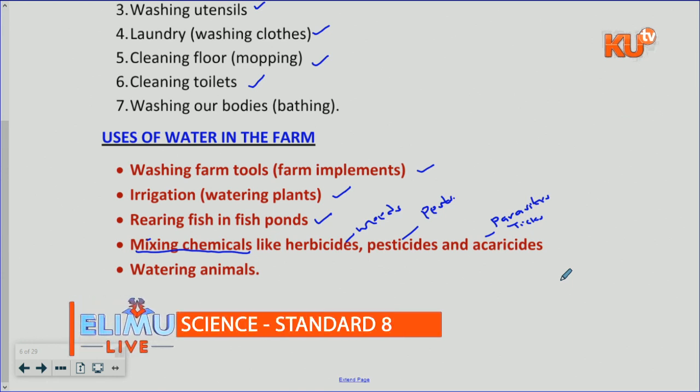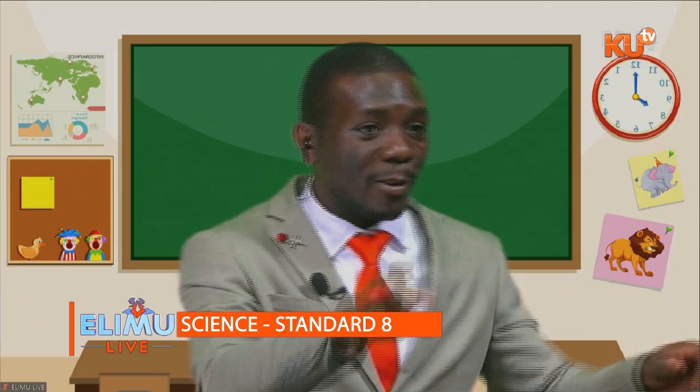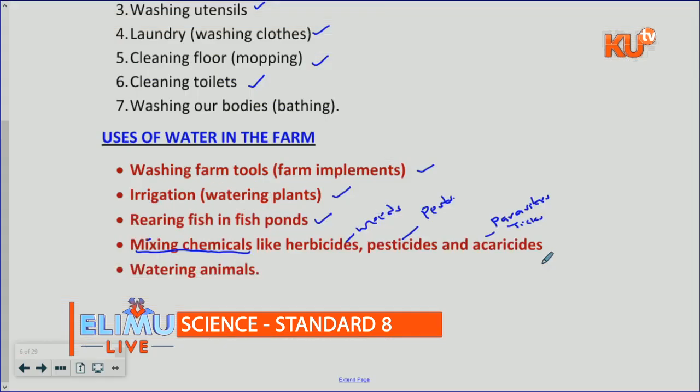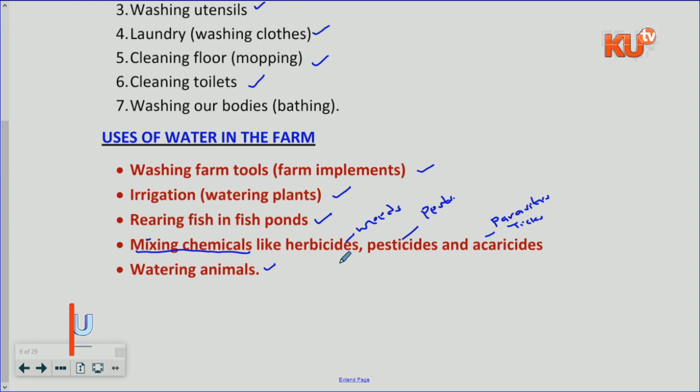We shall see that there's another place where we can use water to mix chemical, and that will be in industry. The other use of water is watering animals. Animals like cows, goats, sheep, and donkeys need water to drink after feeding. Even us, as we feed, we are supposed to take water.